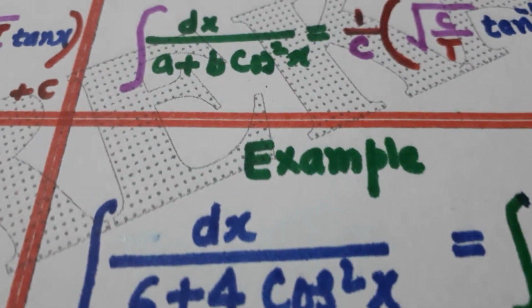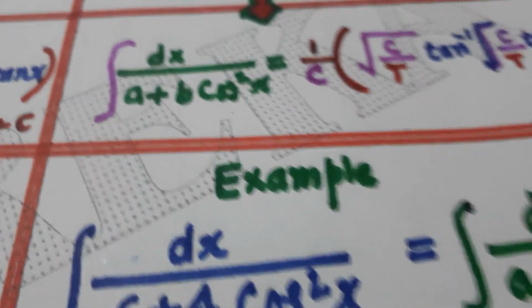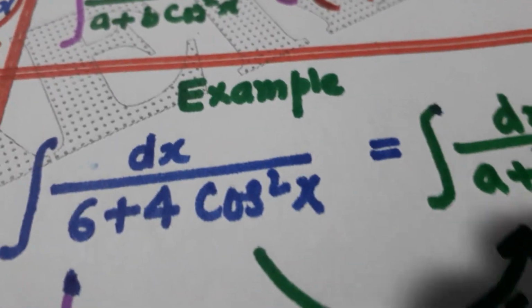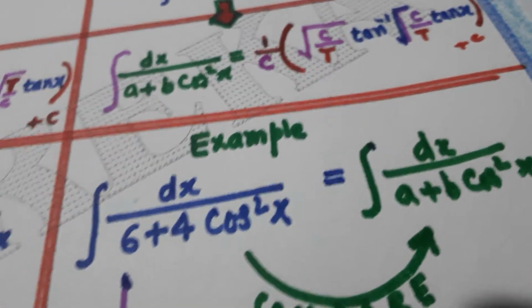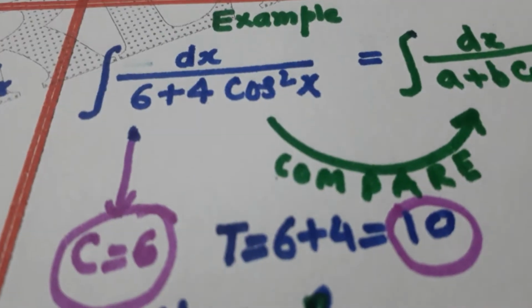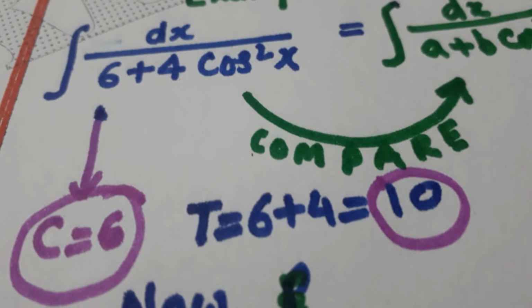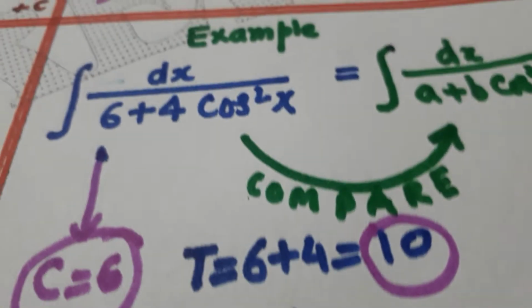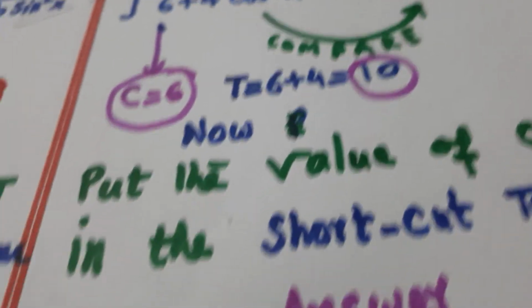We know the value of constant term. We know the value of the T, total of a plus b. Now look here, C is here 6 and T is 6 plus 4, that is 10. Now substitute.